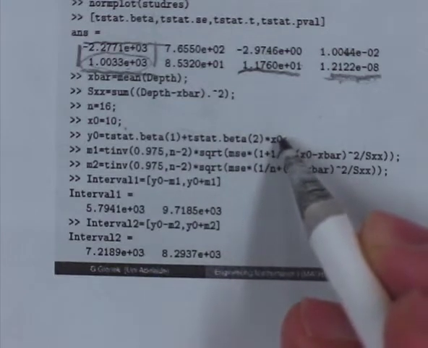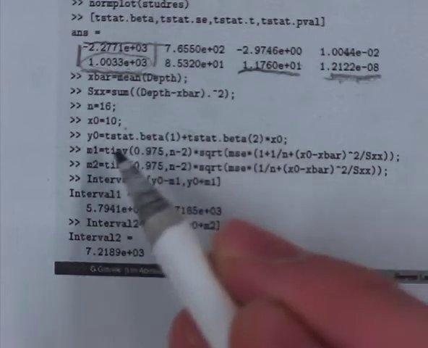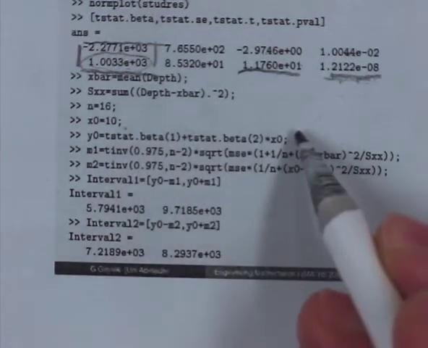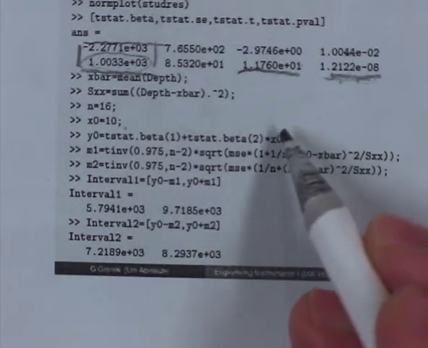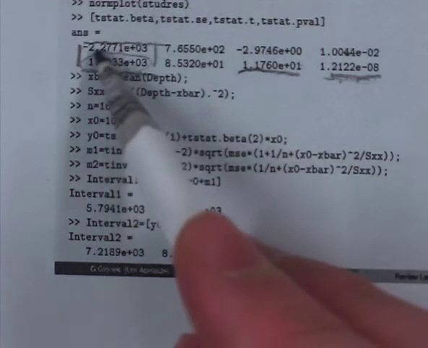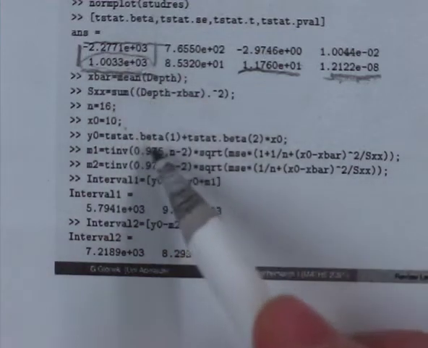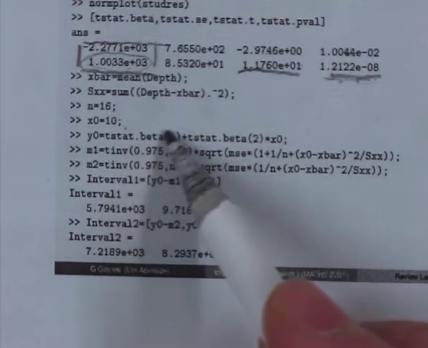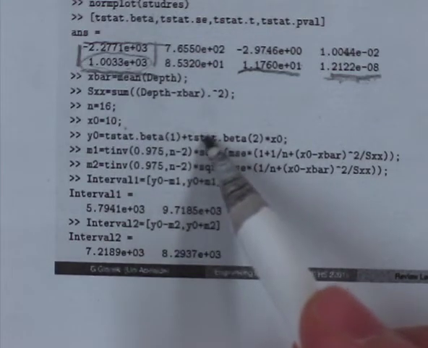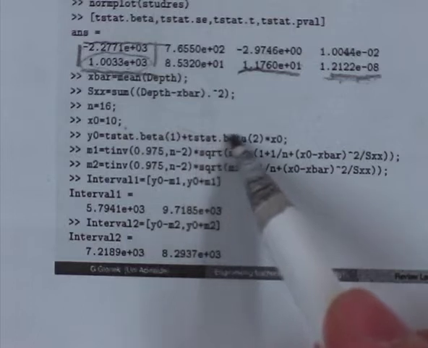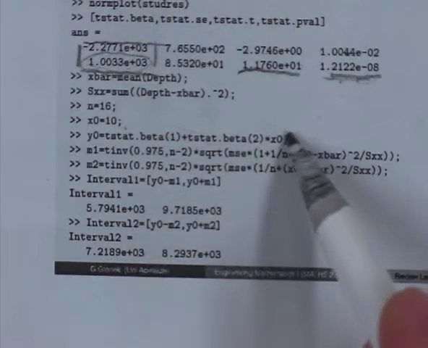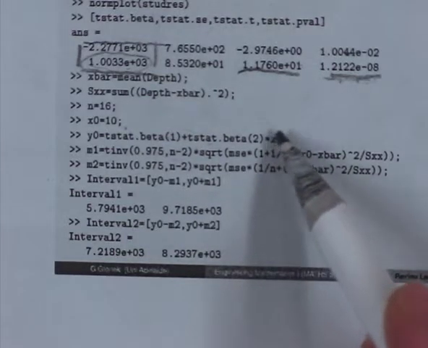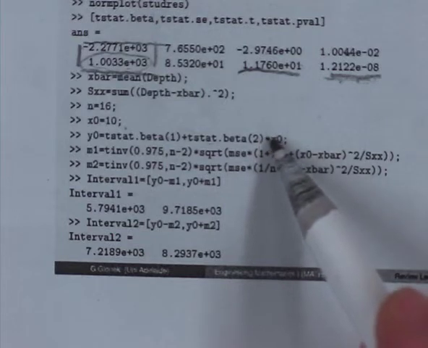So what he's done there is he's subbed x0 into the formula beta 0 plus beta 1 x. You could, if you wanted to, actually type in the actual numbers and do minus 2.277 times 10 to the 3 plus 1.033 times 10 to the 3 times 10. But what he's done is he's tried to make it look harder to see using MATLAB.